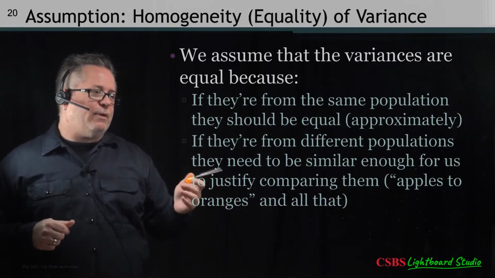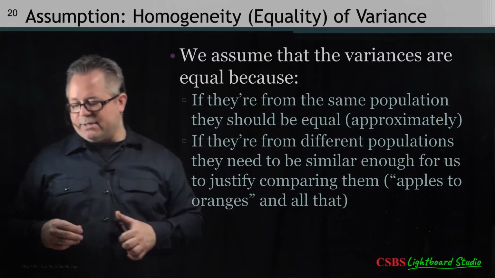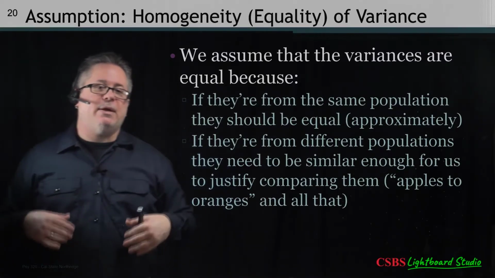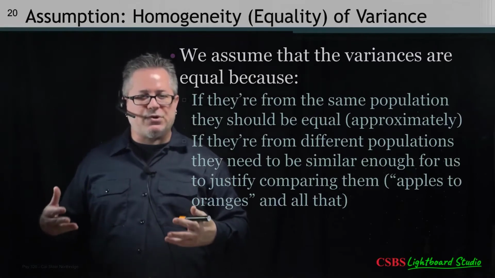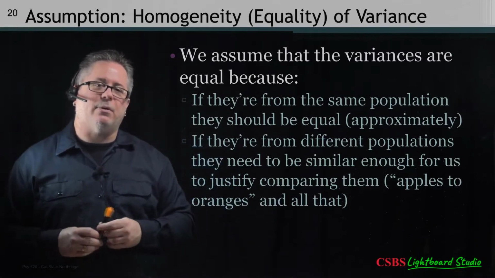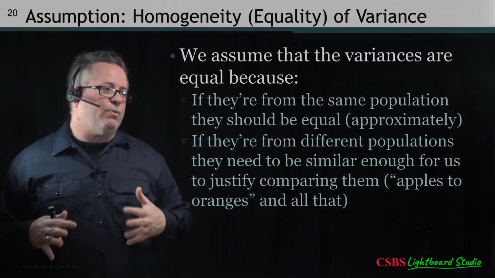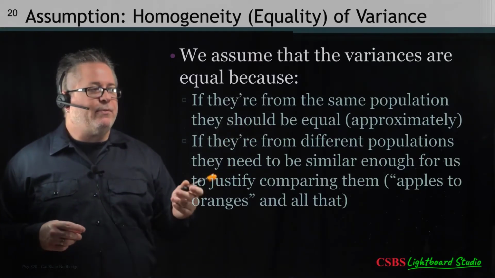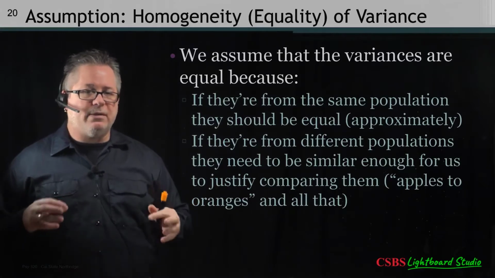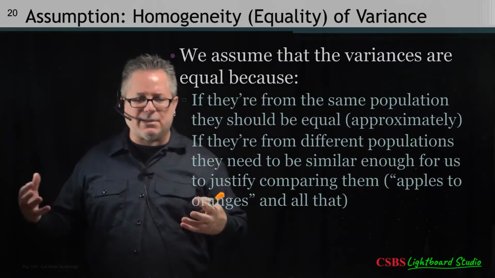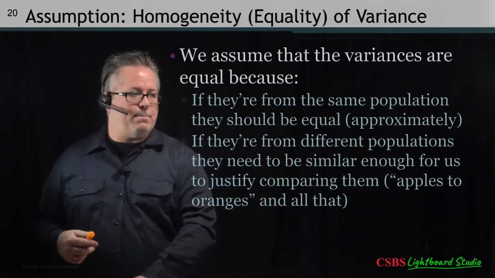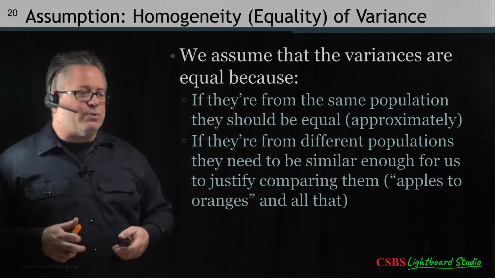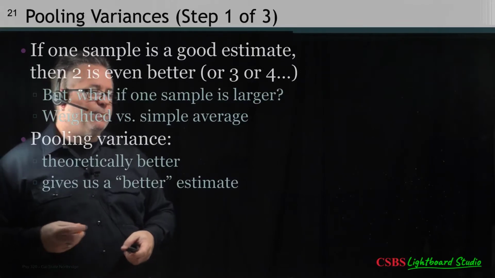So if the variances are drastically different, that gives us a clue that maybe the scales aren't the same and the means aren't representing the same information, so comparing them probably isn't appropriate. So the reason we're assuming this, again, is that if they're from the same population, they should be equal anyway. But if from different populations, we want them to be roughly the same so that it makes sense to compare their means. That's the comparing apples to oranges analogy people like to use.